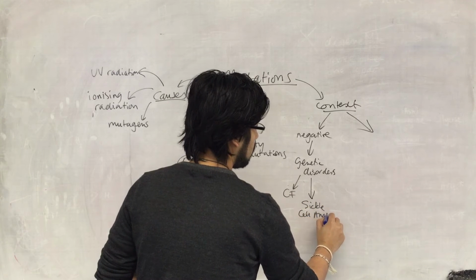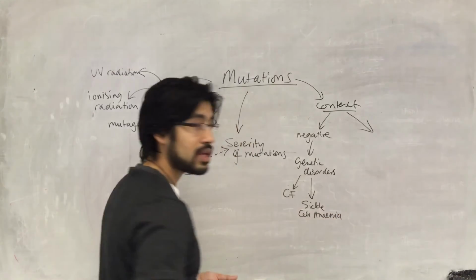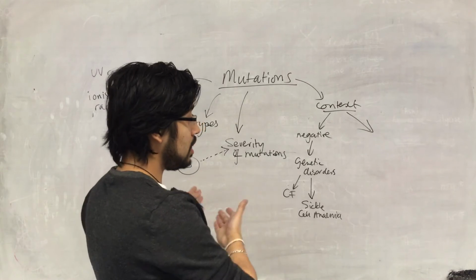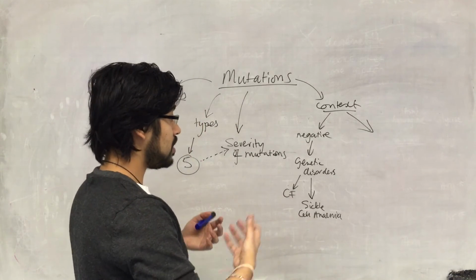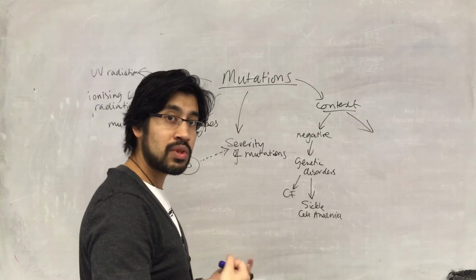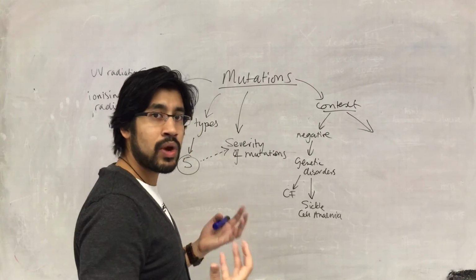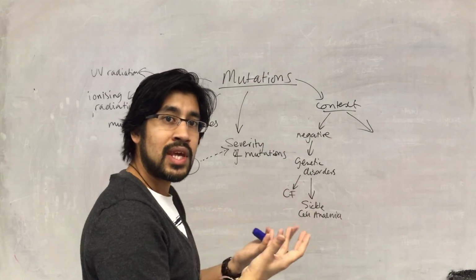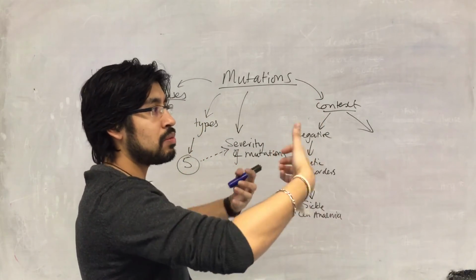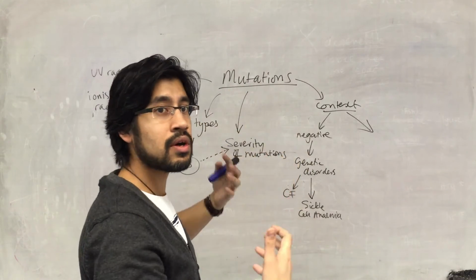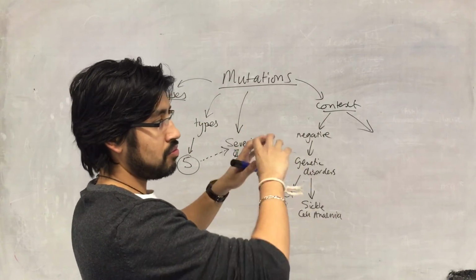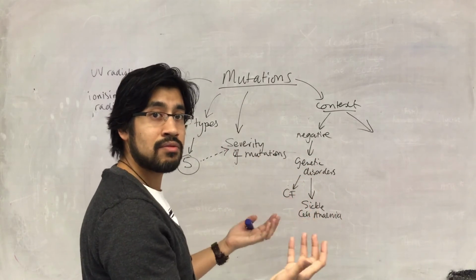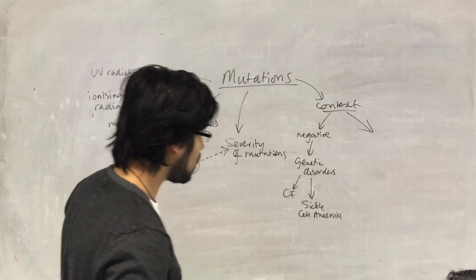Okay, so cystic fibrosis. Another example is sickle cell anemia, where there's a mutation in the gene for hemoglobin, which causes hemoglobin molecules to interact with each other in a very strange way, because one amino acid is kind of exposed to an environment that it shouldn't be, which causes hemoglobin molecules to effectively stick to each other, and the red blood cell changes shape because of this, and it is less effective in carrying oxygen around the body.